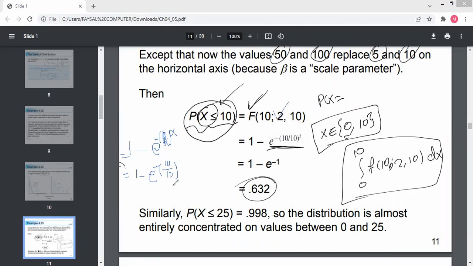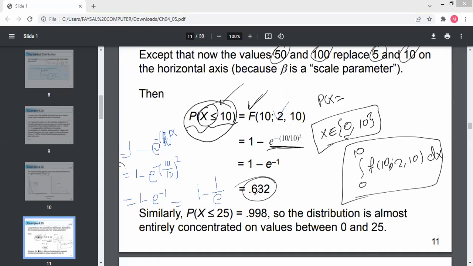Then the alpha value is 2, so it will be 2 here. So it will be written as 1 minus e to the negative 1 squared, which is negative 1. 1 squared will be 1. So it will be written as 1 minus 1 upon e. So the value is 0.632. Okay. Similarly, I find the value of p with x less than or equal to 25, which starts from 0 and ends at 25.